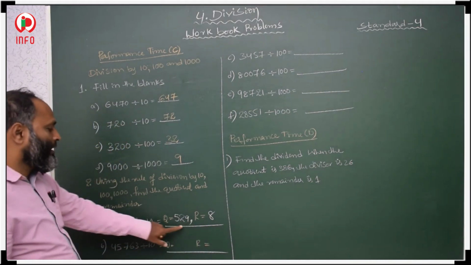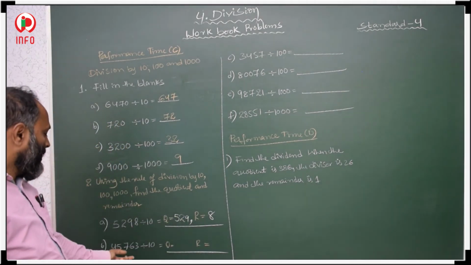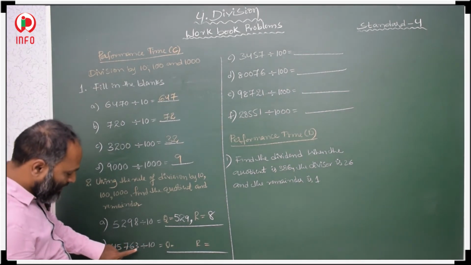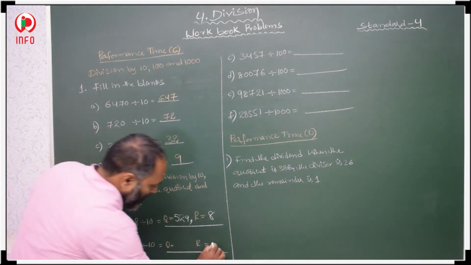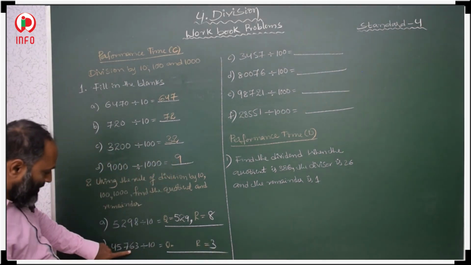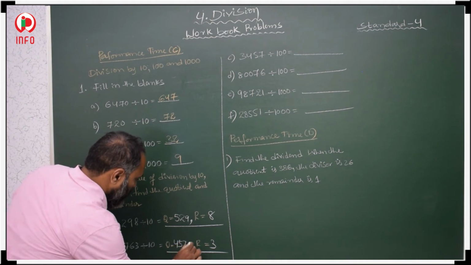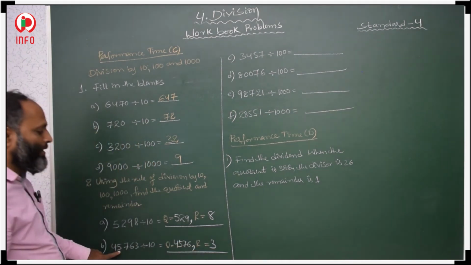This is the quotient and this is the remainder. Here we are dividing by 10, so the ones place is our remainder and the rest of the places are our quotient. 4576 is our quotient.